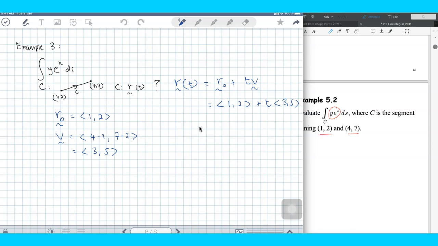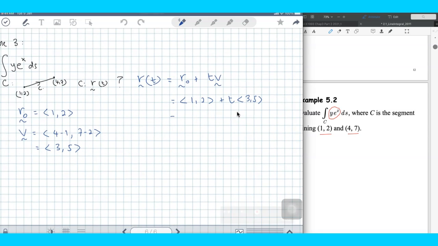Maybe in the final exam, maybe in test 2, there is a need for you to obtain the vector function of a straight line. Then you have to know this. When we simplify into component form, for x we have 1 plus 3t, and for component y we have 2 plus 5t. So that is your r(t).